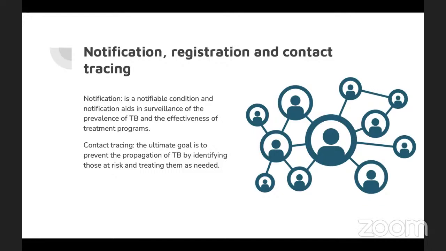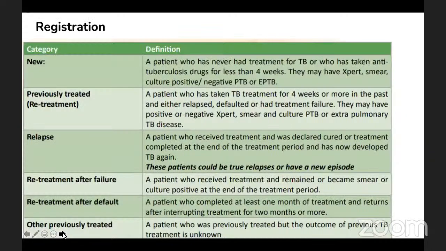Contact tracing: the ultimate goal is to prevent propagation of TB by identifying those at risk and treating them. For registration, this enables us to categorize TB patients for appropriate treatment and to evaluate the treatment outcomes. So we use a TB treatment record, and the different information is on it.